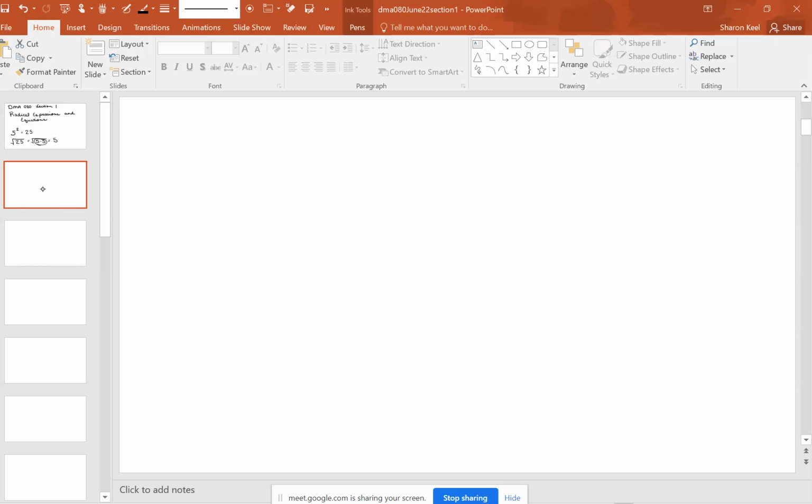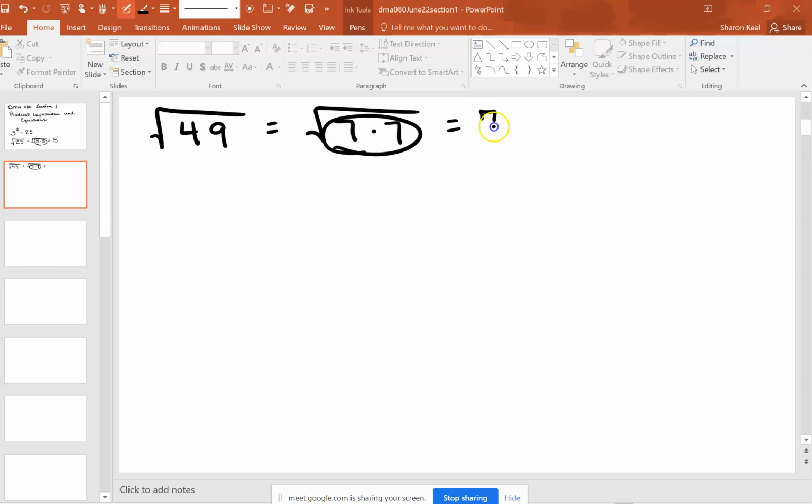Okay, so let me give you a couple of examples of these. If I were to give you, let's say, the square root of 49, that would mean we have 7 times 7. Since I have a pair of 7s, the 7 comes out from under the radical. So my solution is just a 7.